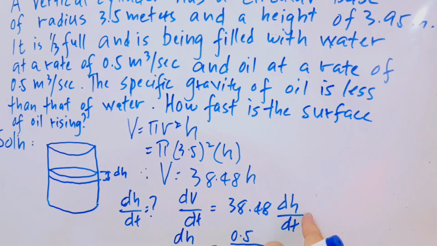So the change of the height with respect to time is equal to 0.5 divided by 38.48.